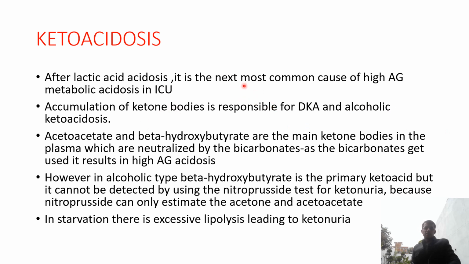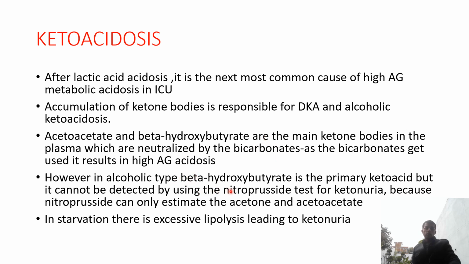Ketoacidosis, after lactic acidosis, is the next most common cause of high anion-gap metabolic acidosis in the ICU. Accumulation of ketone bodies is responsible for diabetic ketoacidosis and alcoholic ketoacidosis. Acetoacetate and beta-hydroxybutyrate are the main ketone bodies in the plasma, which are neutralized by the bicarbonates. As the bicarbonates get used, bicarbonates go down, the anions go up, which results in high anion-gap acidosis.